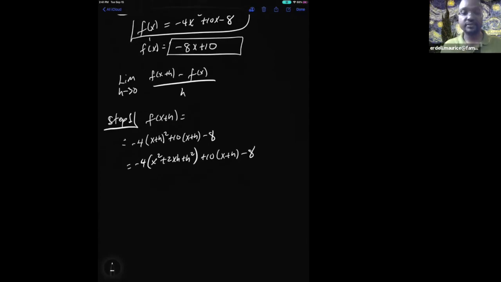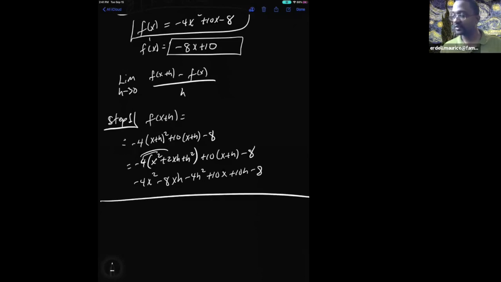And then I distribute: negative 4x squared minus 8xh minus 4h squared plus 10x plus 10h minus 8. And that is the end of step number 1.